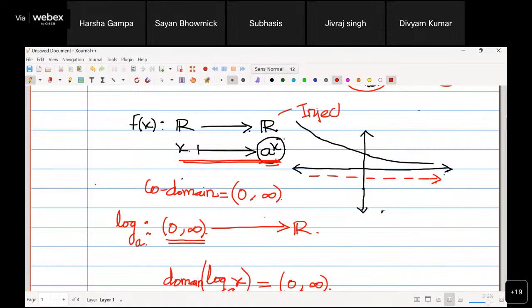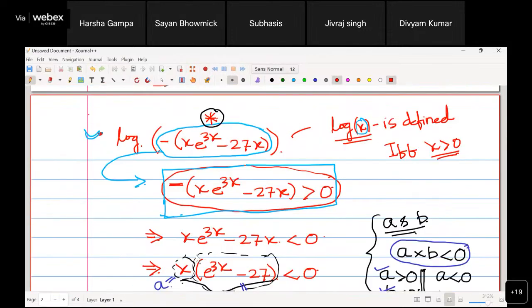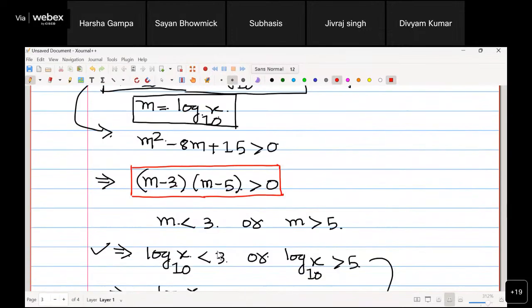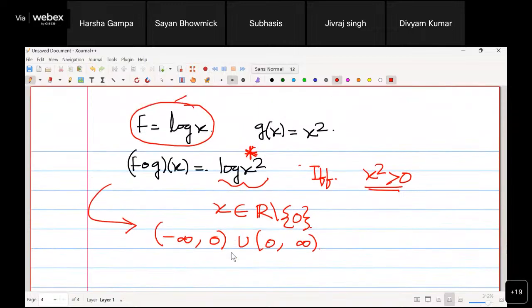Log is basically the inverse of that. The inverse of an injective function is always injective. So log of x is a 1 1 function.